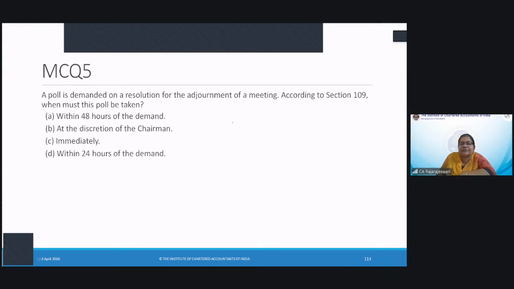Then, a poll is demanded on a resolution for the adjournment of a meeting. According to section 109, when must this poll be taken? Within 48 hours of the demand, at the discretion of the chairman, immediately, or within 24 hours of the demand.